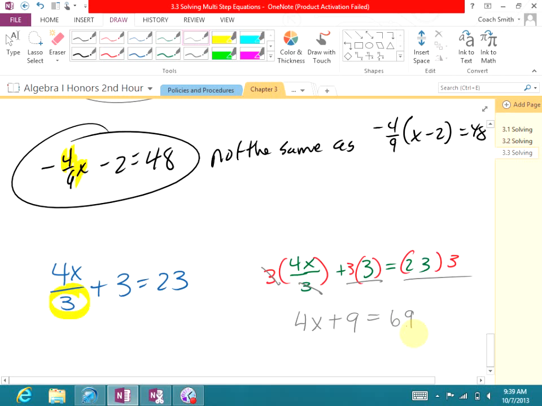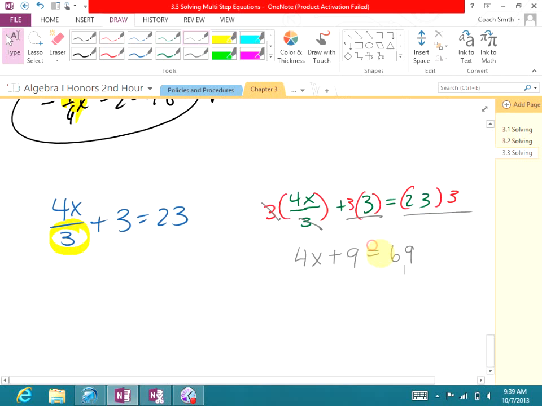Okay? That's one way that you can do it. The other way that you can do it, and I don't really care which way you do it, is you can understand that this right here is the same equation. Okay? So either way, you will come up with exactly the same answer. Okay?